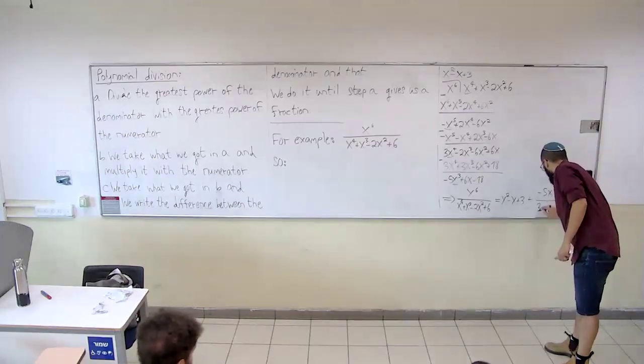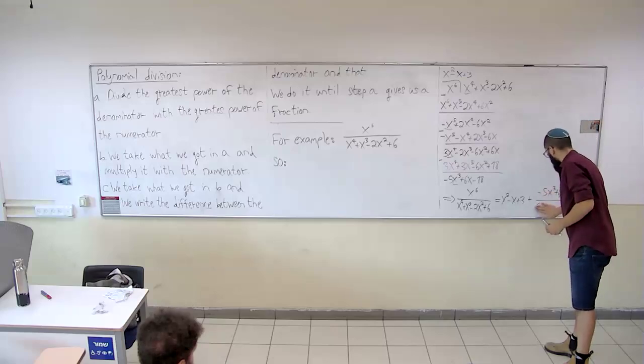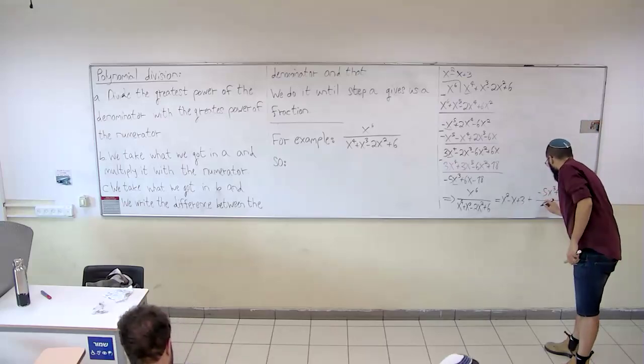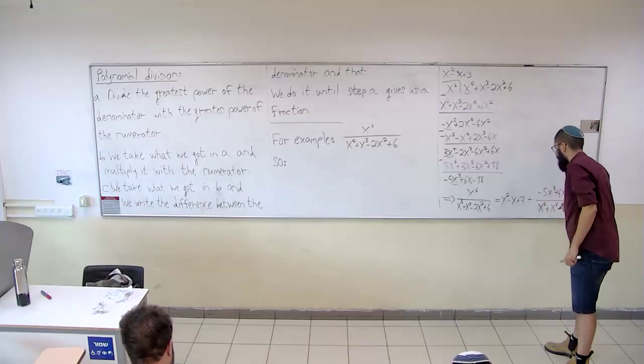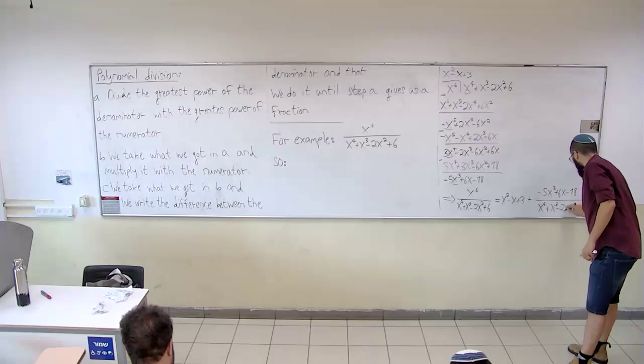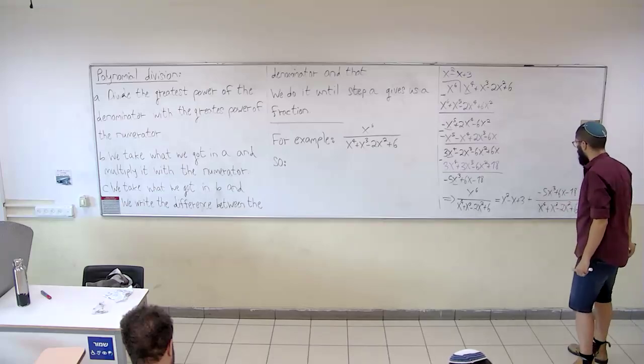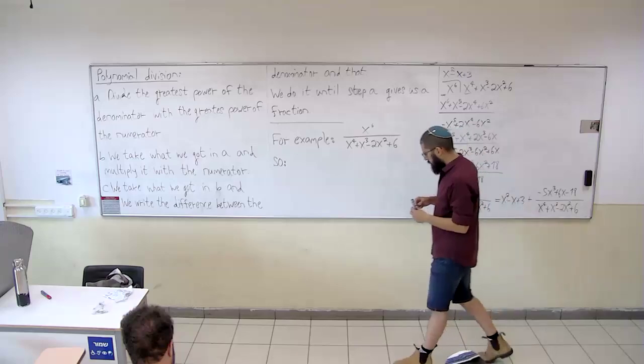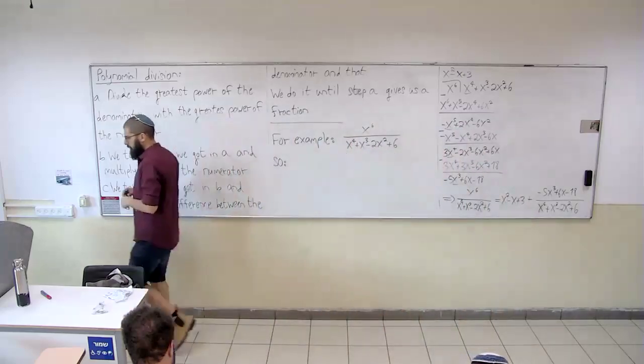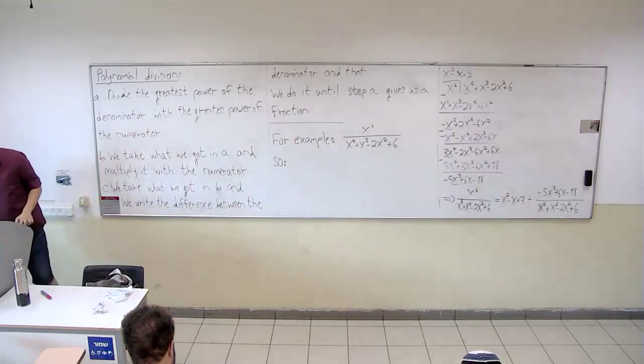Hopefully I didn't make any mistake. x to the power of 4 plus x to the power of 3 minus 2x squared plus 6. As usual, when it comes to an equation, one can check that it holds.